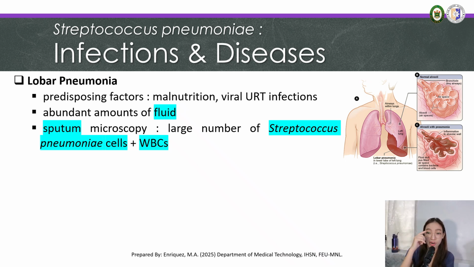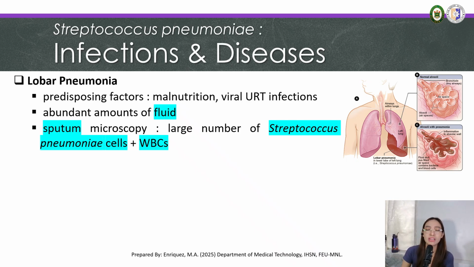Now, if you would remember from your anatomy classes, di ba, if we could see right here in this illustration, our right lung is divided into three lobes. Meanwhile, our left lung is divided into two lobes. So as we can see right here, yung first lobe or yung nasa taas, this is what it looks like if the alveoli is not infected, di ba? So, there's airspace, no, gas exchange would happen naturally.